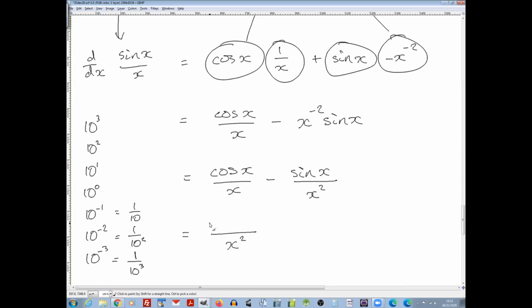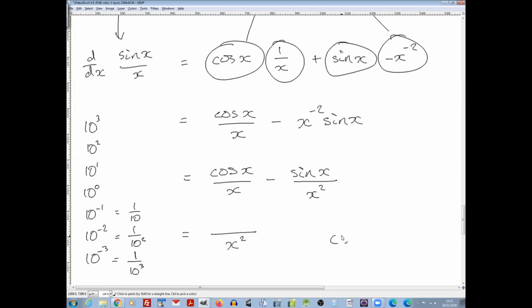So cos x squared. Now I am confused. What have you done to the numerator? Times by x. And what's cos x times x? It does sound a bit like I might have said cos of x times x. It sounds a lot like that. So I shouldn't have said it like that.